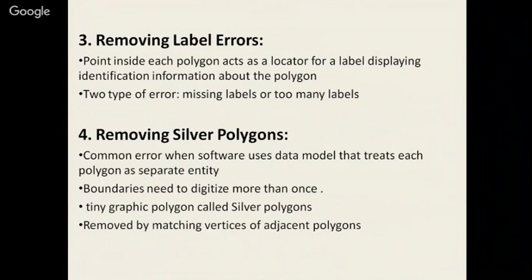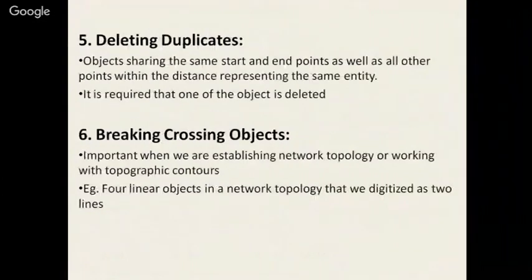So deleting duplicates. While digitizing, a lot of duplicates tend to get created. If a line is representing the same coordinates, the same attributes, it means there is a duplication which is required to be removed.